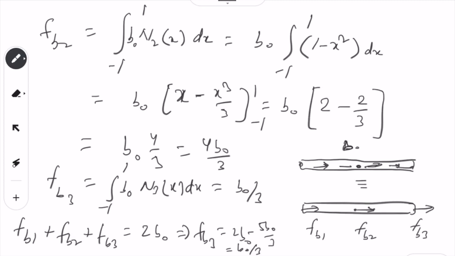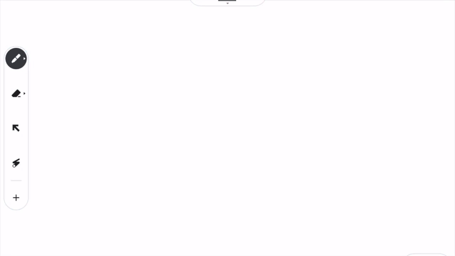Okay. So we got the stiffness. You have to find out the stiffness matrix. For this element, you can write the equation, and that equation will be first K, right?